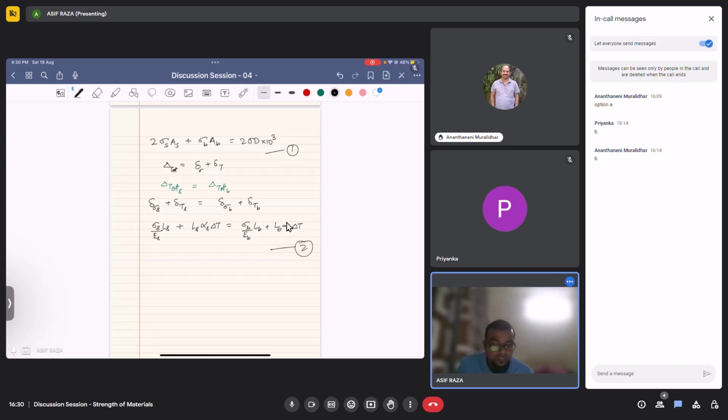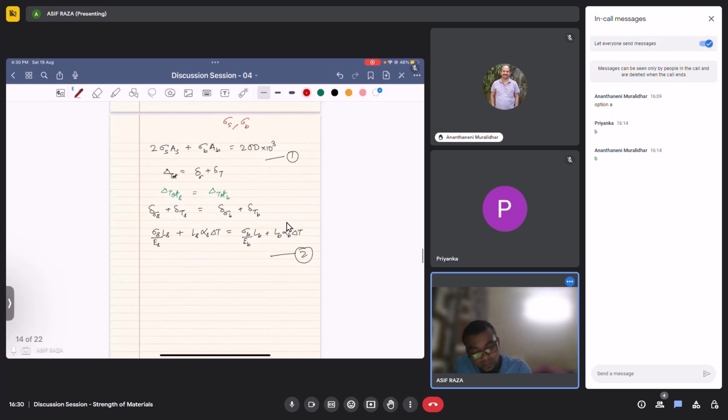So we have two equations and two unknowns. Unknowns are sigma s and sigma b. Rest all we know, so let us substitute everything and solve it.